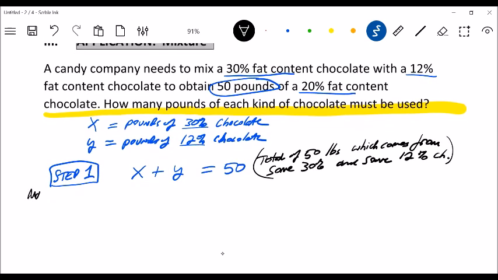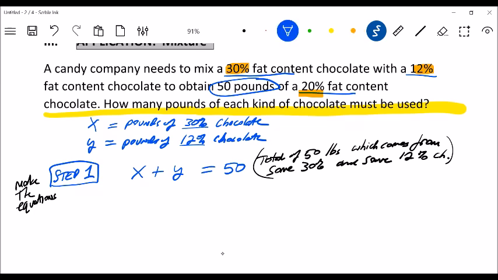And so step one is to make these equations. Let's write that here. Make the equations. And I have one of them already because we're adding it up to the 50. The other one is going to be based upon the percent. So we have a 30% and a 12% to make a 20%.